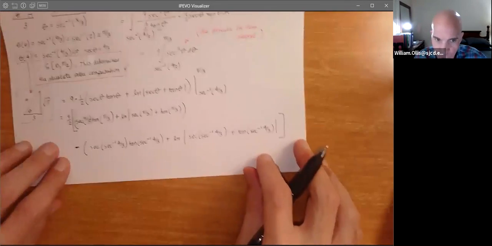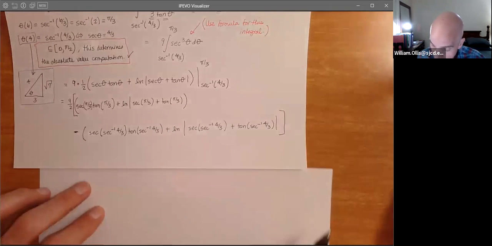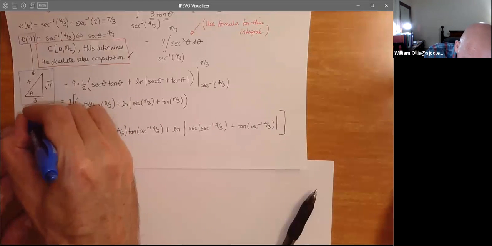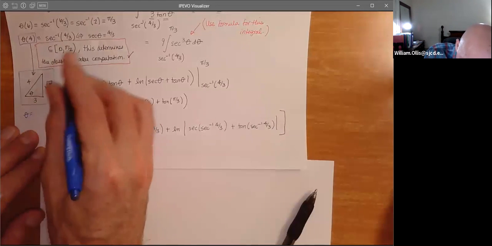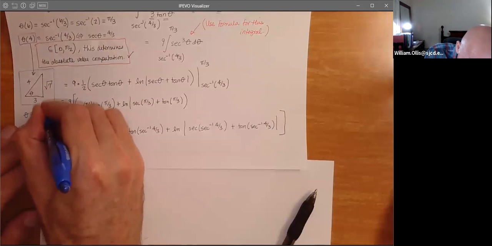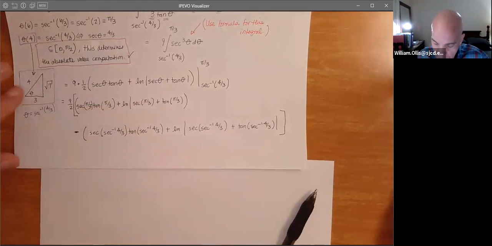So that's the only thing that's a little bit complicated. Once you draw your triangle, you can now use your triangle. So again, just remember the theta for this is, as we've got right here, inverse secant of 4/3. So that's what we're using to do this computation.